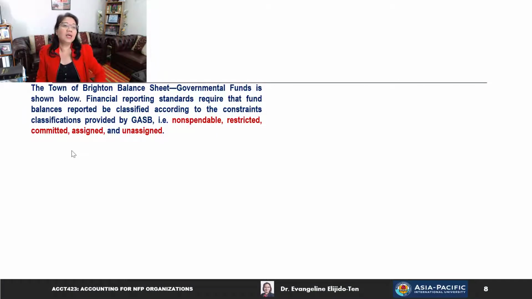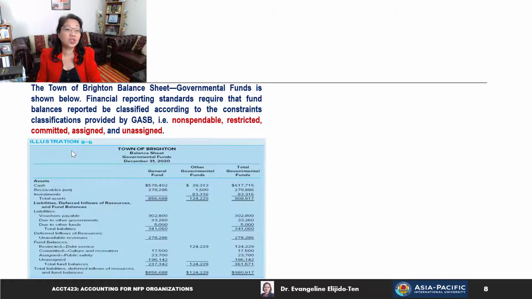All right. Let's go now to the governmental fund statement. The town of Brighton's balance sheet governmental fund is as shown in illustration 9-5. The financial reporting standards, as mentioned earlier, require that fund balances reported be classified according to the constraints classification provided by GASB.